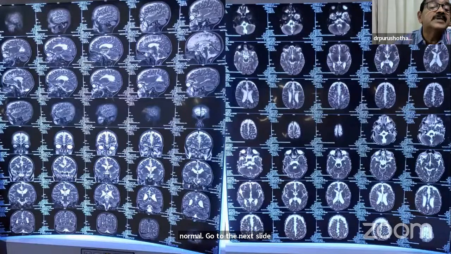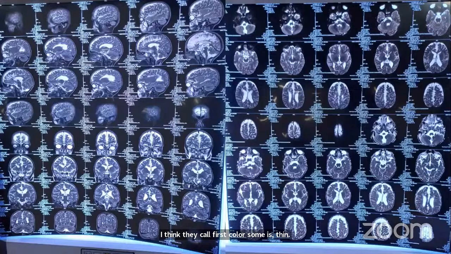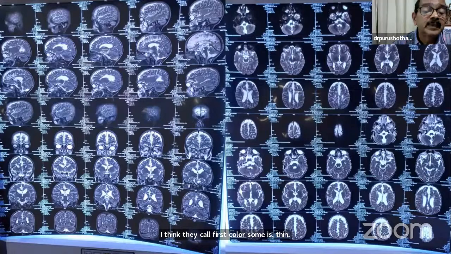Here come your sagittal cuts. I think the corpus callosum is thin. Thinning of the corpus callosum is there, along with atrophy.